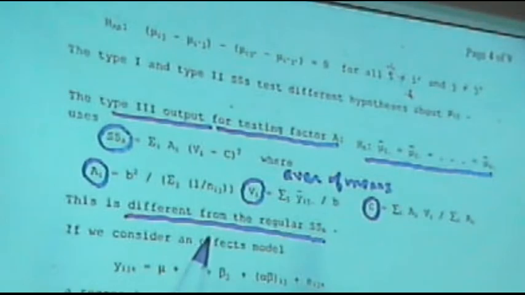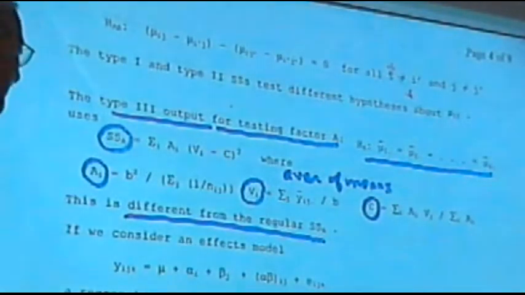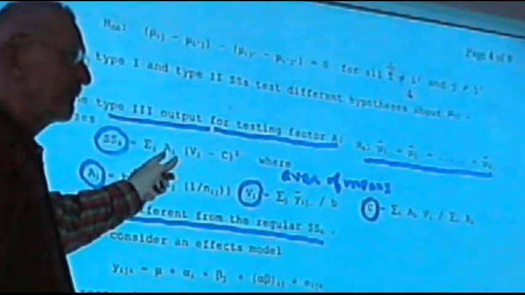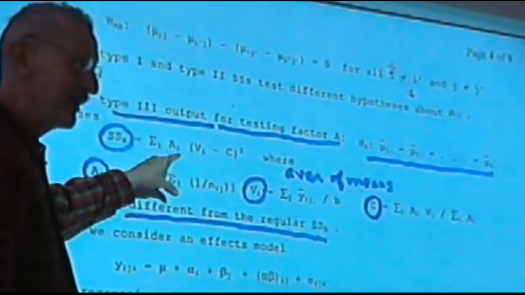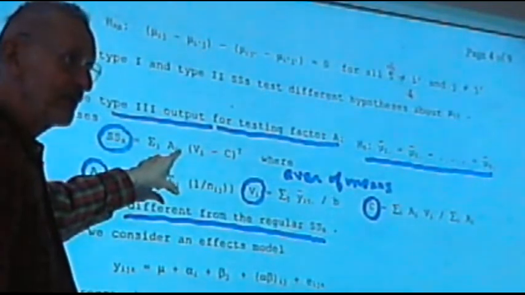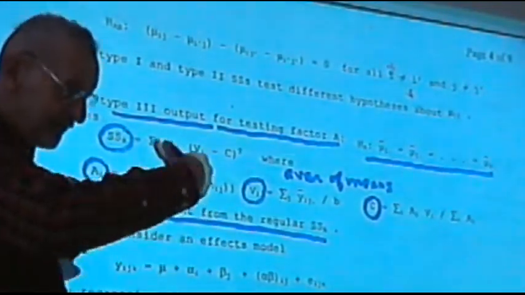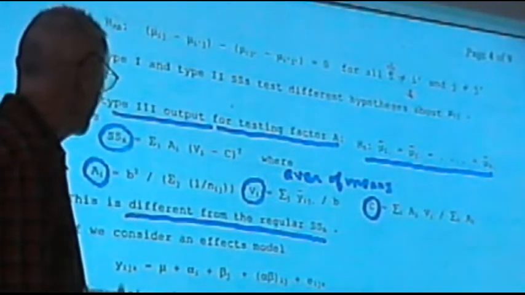But this is what is produced by SAS's type 3 sum of squares. Of course, you don't see this in SAS because SAS never shows you the formulas that it's using, right? It just gives you the answers. But this is what it's calculating.